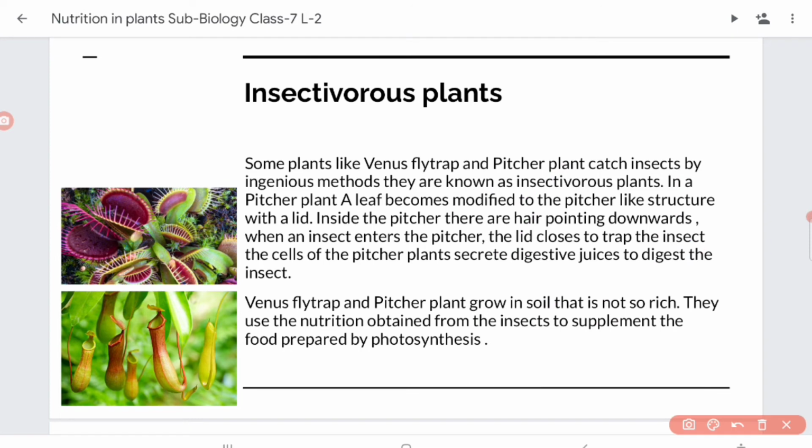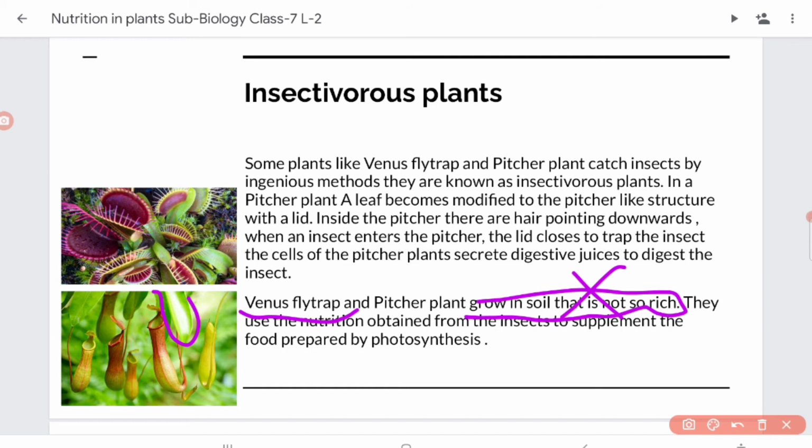Okay, now the Venus flytrap. You can see they have green leaves. So why do they need to catch these insects? Because they grow in soil that is not so rich.